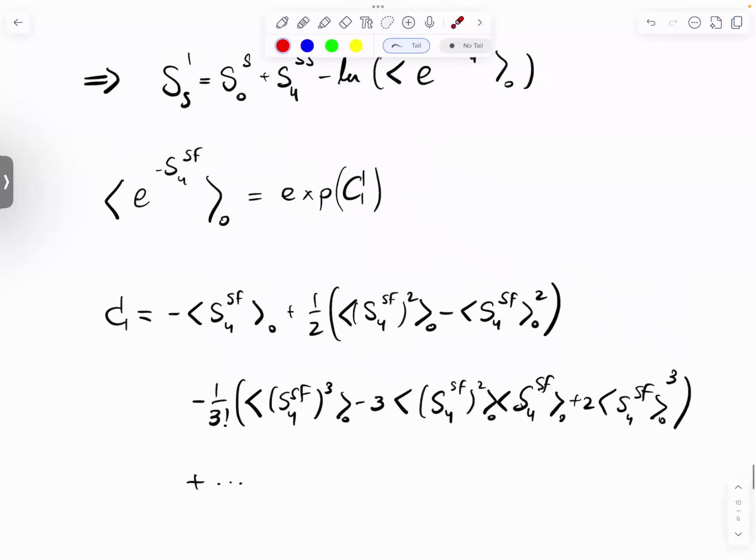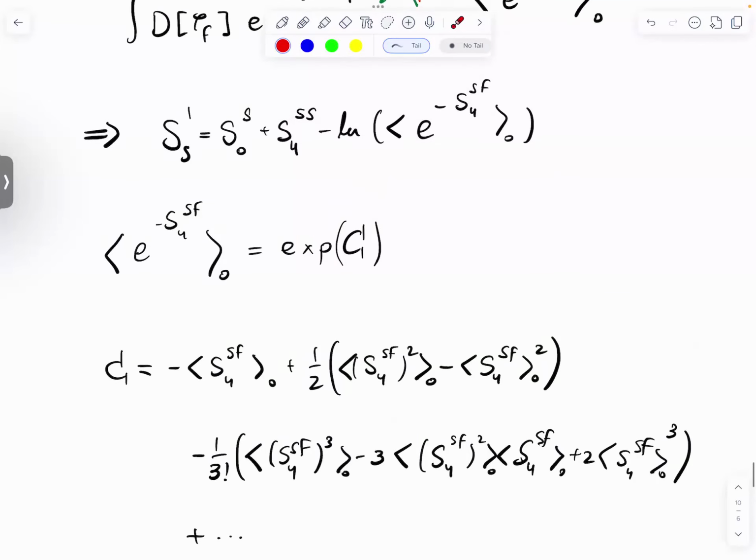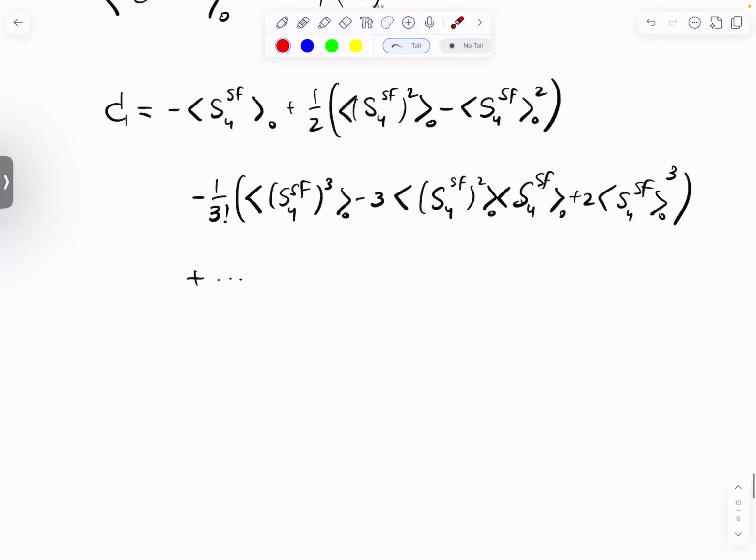All we really need to do is compute these cumulants. You might notice that they are identical in structure to the things we calculated when we learned perturbation theory using Feynman diagrams, because it's exactly powers of this quartic term. So we have experience with that. Let's see how that works.